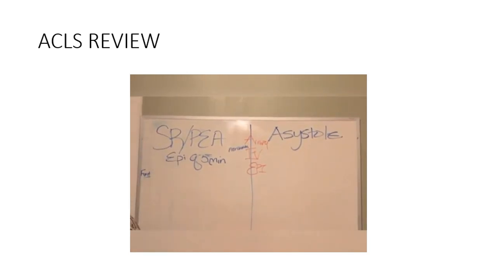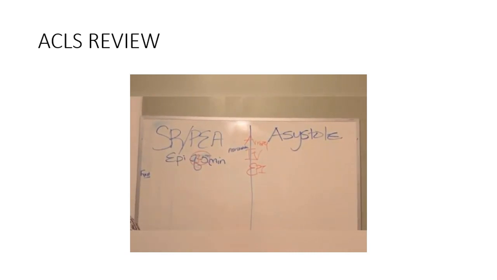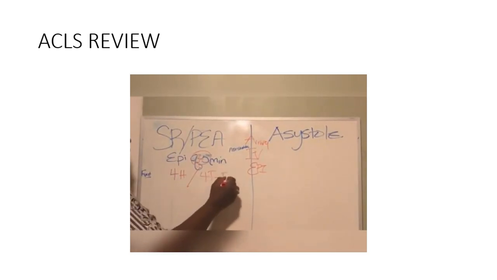You want to give epi every 3 to 5 minutes. And then you want to consider what? You want to consider the causes. That's right. There are 4 H's and 4 T's. We're going to talk about the H's in the next segment. T, cardiac tamponade.